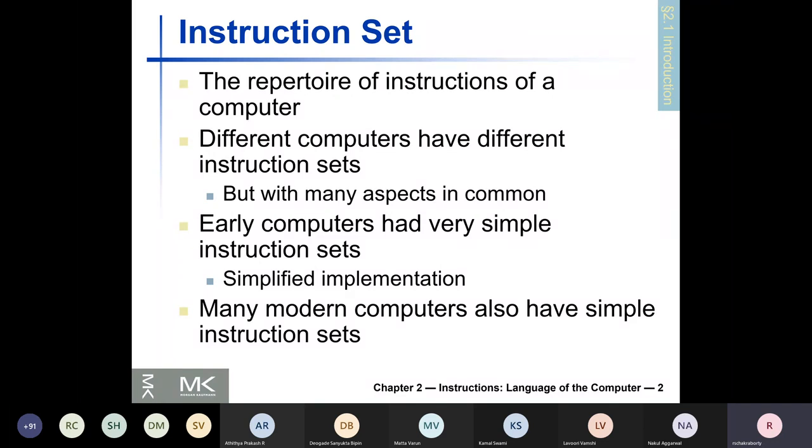By a computer, we basically mean the microprocessor. So please remember that. Don't get confused by seeing a sentence like many modern computers also have simple instruction sets. You might wonder whether a computer's instruction set is different from the microprocessor instruction set. No. Here, by the term computer, we basically mean the microprocessor.